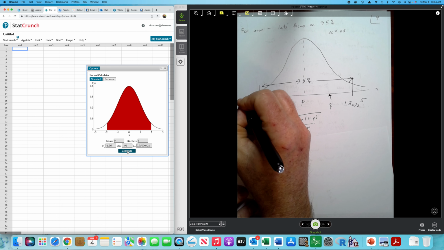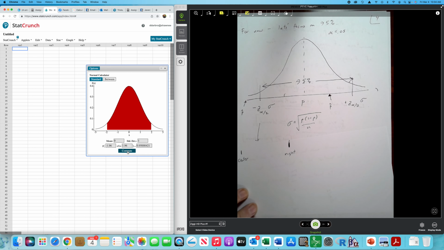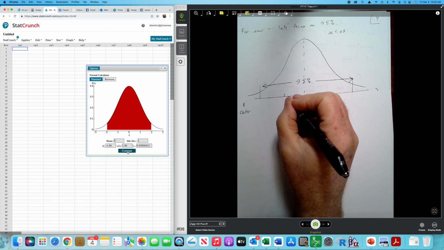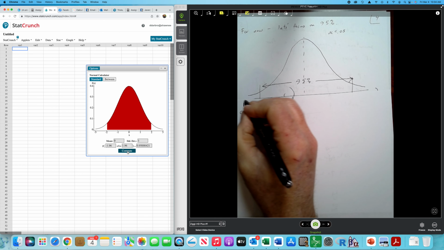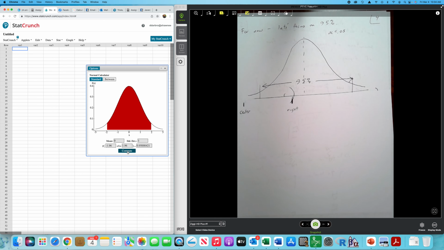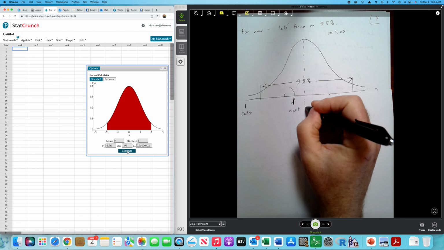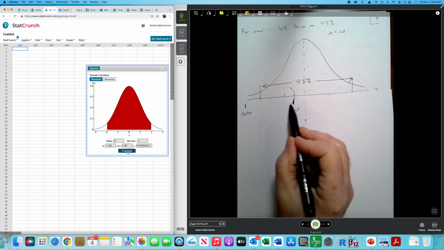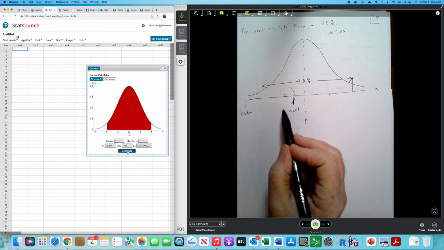What if I choose a P hat down here? The P hat that I get just happens to be down here. And again, I don't know where my P is. So if I center my confidence interval around there, I'm going to make it bigger to distinguish it, and it's off the table, so I can't do much with it. But the important part is, does this P fall in this interval? It doesn't, right?